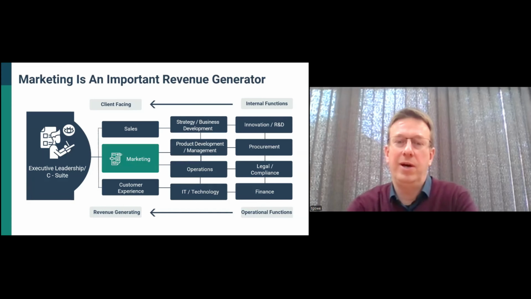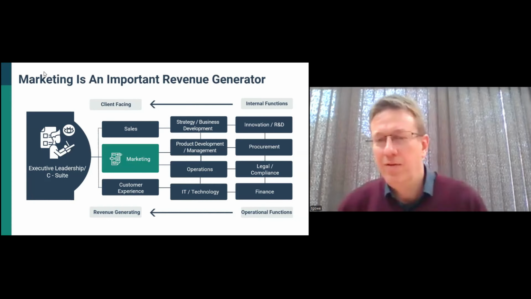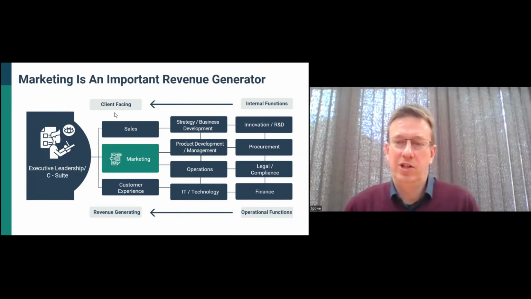If you think about the various functions, they vary from very internal operational functions, essentially the back office. That's where you've got things like the R&D department, which are incubating, developing new technologies that ultimately will be brought to market. You've got finance departments, legal compliance departments.